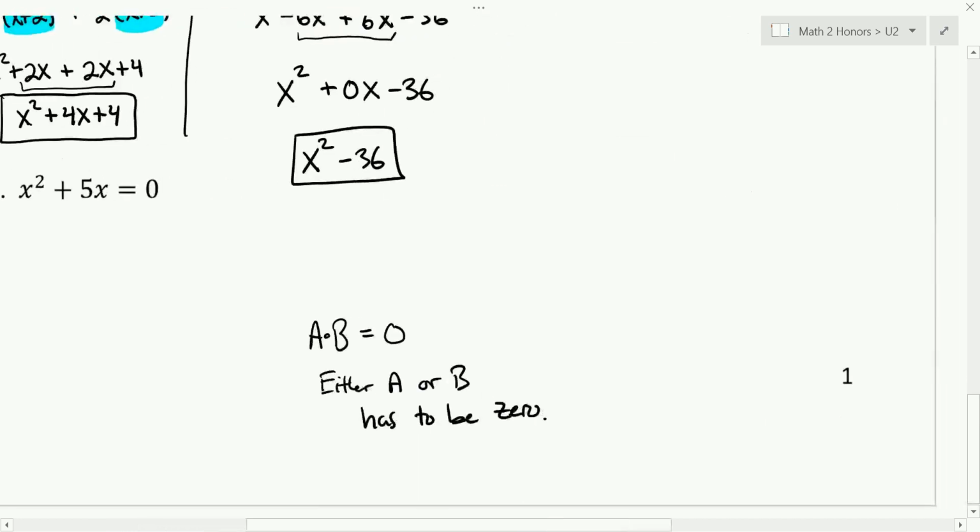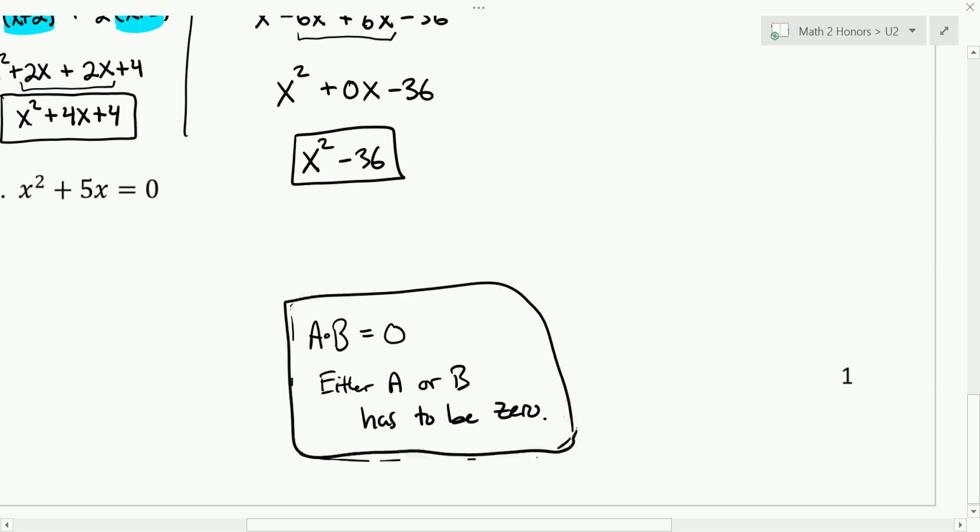Now, 0 is the only number that has this property. Let me show you. If I do this, a times b equals 3, could you tell me what a and b are? It has to be 1 and 3, or 3 and 1? Does it have to be? Can anybody give me another combination?